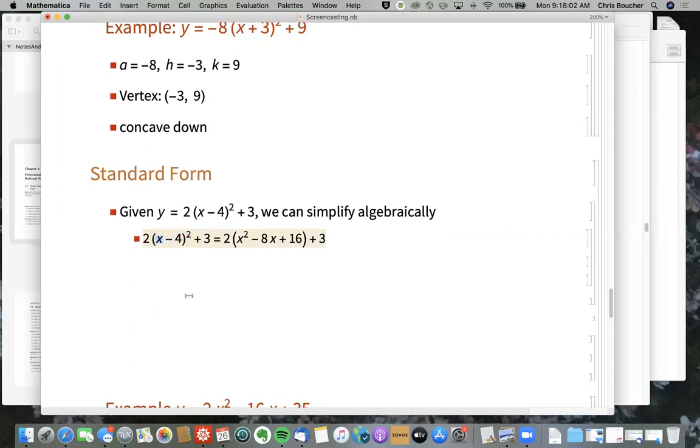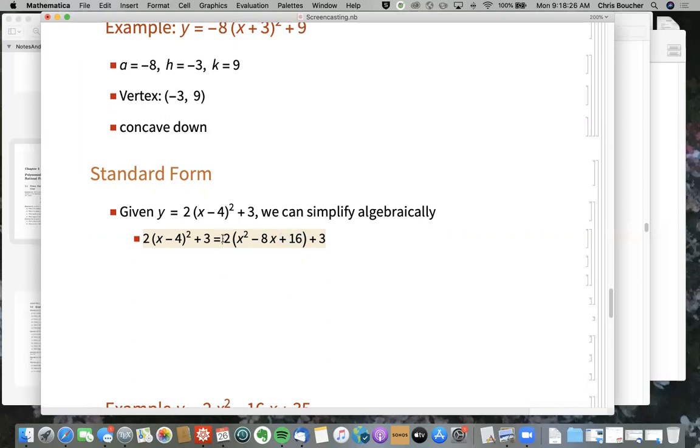So the first is x, and the square of the first is x squared. That's where that first term comes from. The product of the two terms is x times -4, which is -4x, and twice that is -8x. That's where that comes from. And then the square of the second, -4 squared, is +16. That's where the +16 comes from.